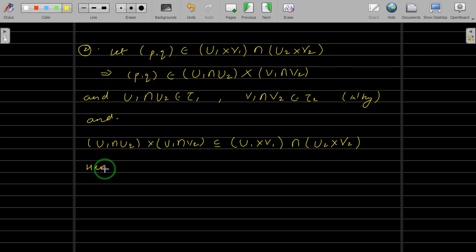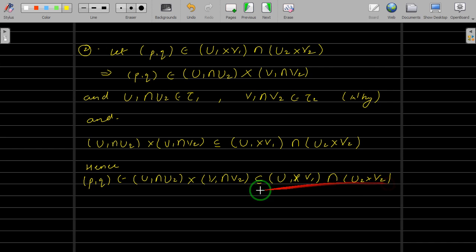Hence, what we have achieved is we have taken this point (p, q), and we got that on this side it is U1 intersection U2 cross V1 intersection V2, and of course that is a subset of U1 cross V1 intersection with U2 cross V2. And this is what we wanted to do, the second point to show that something is a basis.